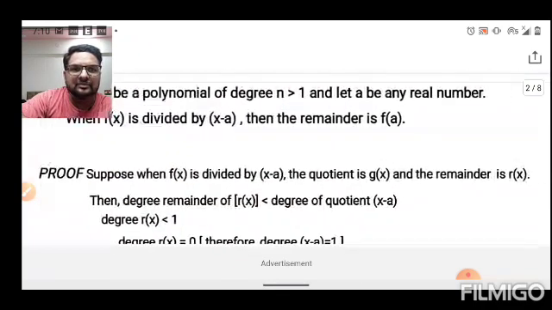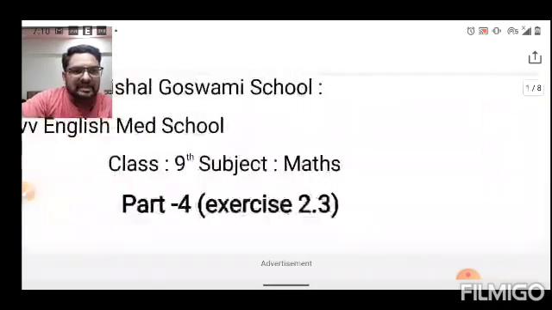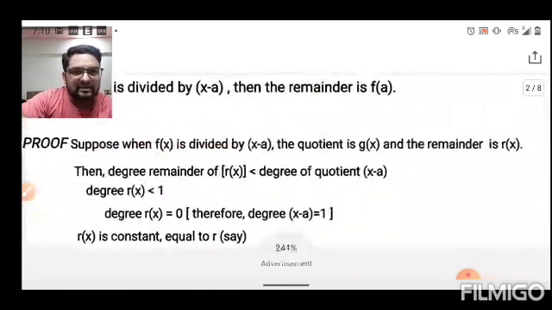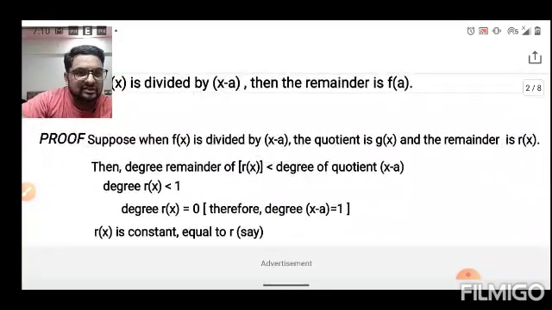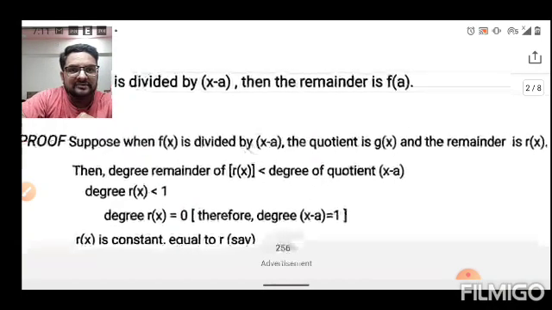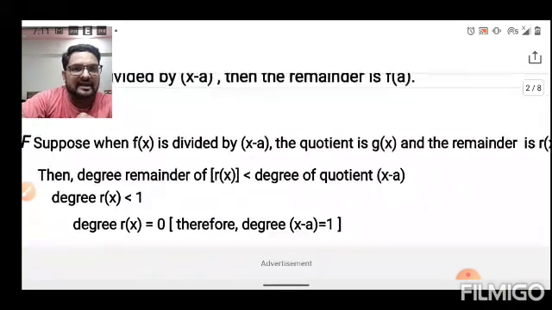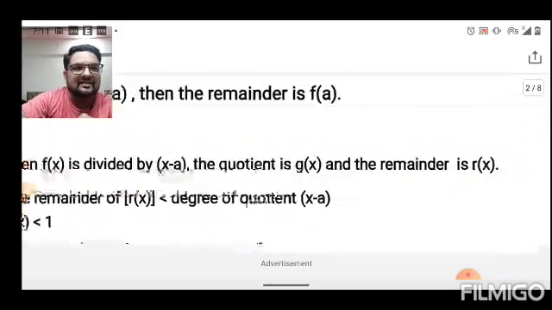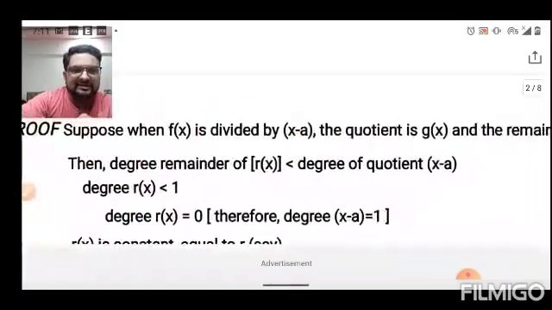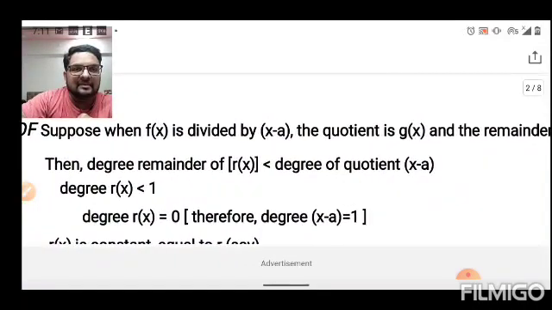Here is the proof which I took from the textbook, but I will simplify this in the next slide. Let us go with this slide first. Suppose when we divide f of x by x minus a, the quotient is g of x and the remainder is r of x. Here the degree of r of x is always less than the degree of x minus a.